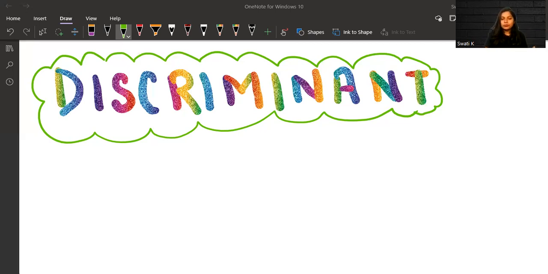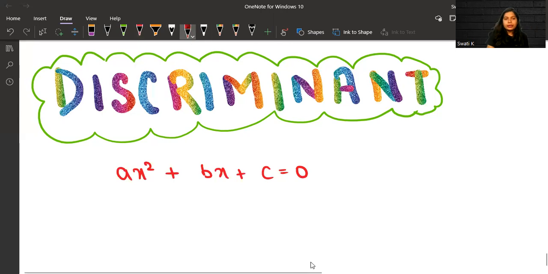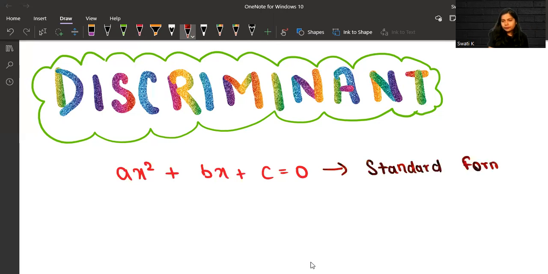So before telling you the formula, I just want to tell you something, that this is the standard form of a quadratic equation: ax squared plus bx plus c equals 0. That's the standard form, not formula, standard form. So let me write down that also. So this is our standard form of a quadratic equation.